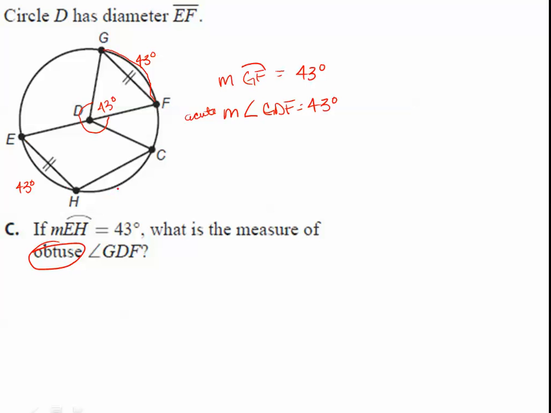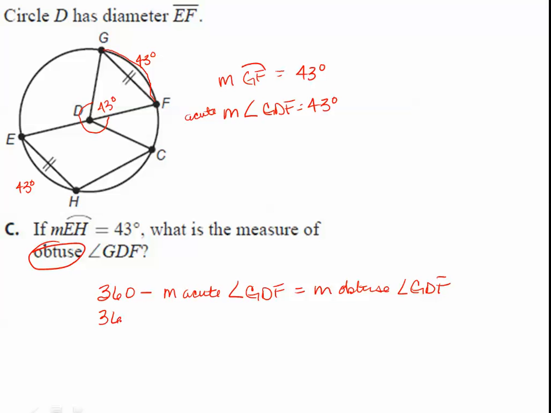Well, the whole circle's 360. So if I say 360 minus the measure of acute angle GDF, it's going to equal the measure of obtuse angle GDF.